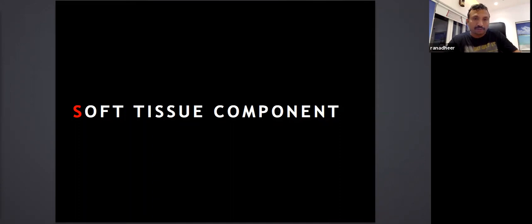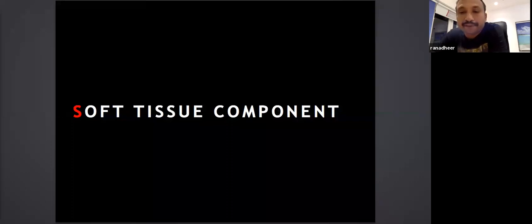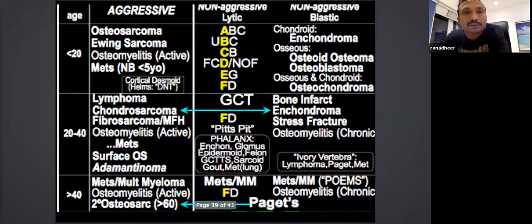So this soft tissue component is also very important. If we have a soft tissue component, the diagnosis becomes easier. So that is site, transition zone, age, matrix, margins, periosteal reaction and soft tissue component. So age: aggressive, less than 20, what are the differential diagnoses? Non-aggressive, what is the differential diagnosis? 20 to 40 and more than 40.